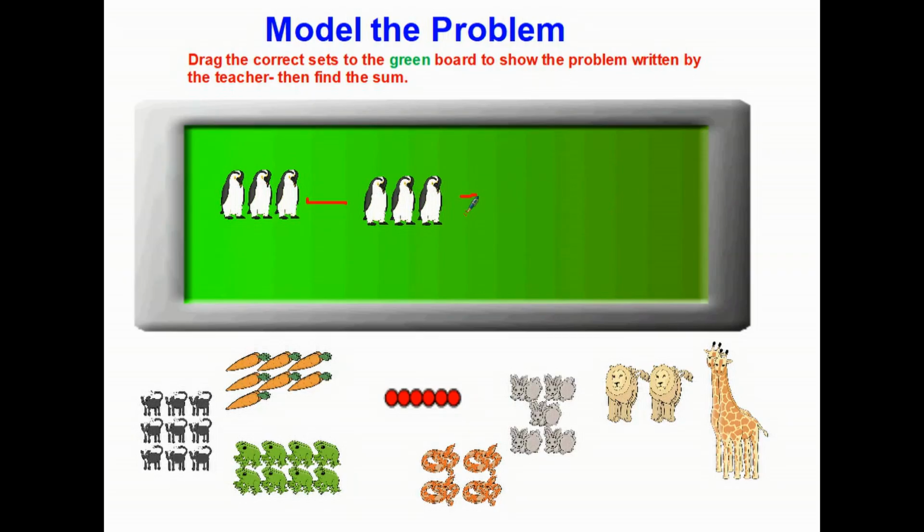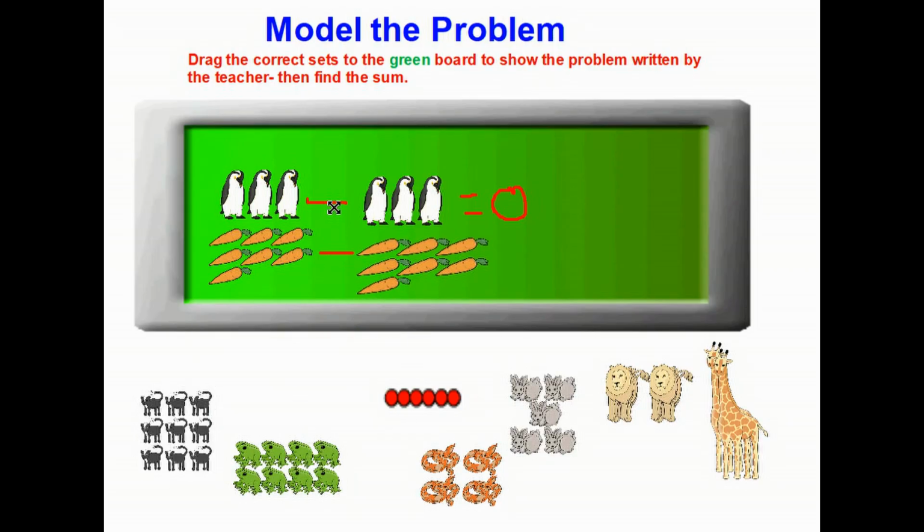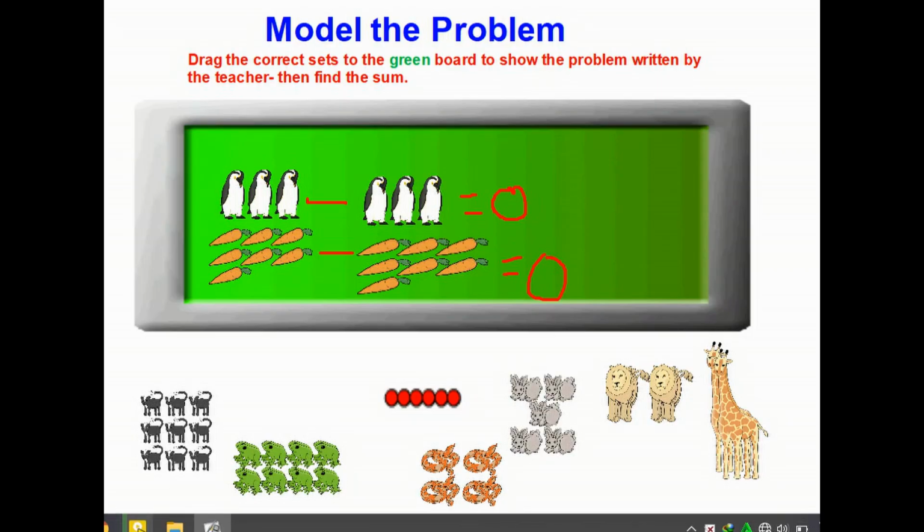Yes, 0. Or if I use these 7 carrots here, 7 carrots minus 3 carrots, it will be 4 carrots remaining. 7 carrots minus 7, the result will be 0. This way I can show subtractions.